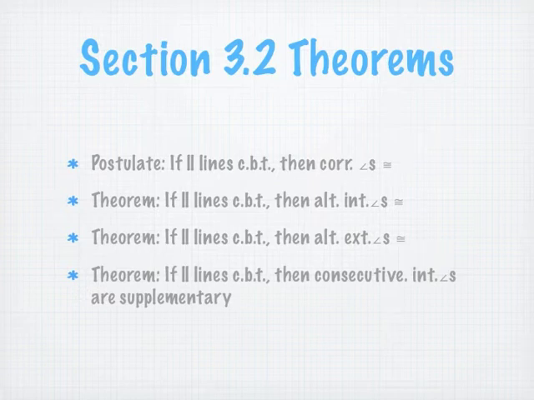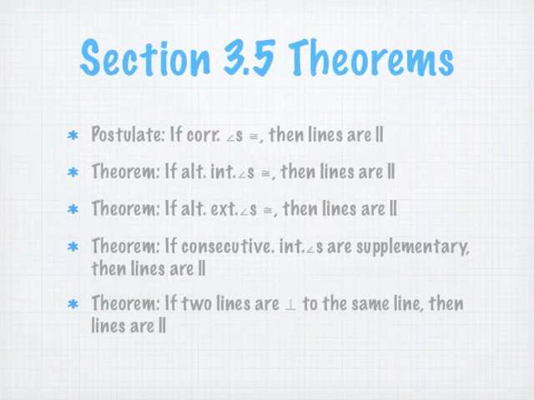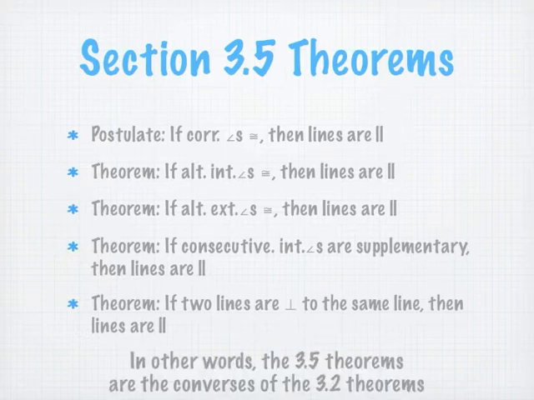So what section 3.5 does is it takes and turns those around. In other words, it's the converse of the 3.2 theorems. Now our postulate says if corresponding angles are congruent, then lines are parallel. And these theorems that we'll prove using that postulate follow the same kind of vein, right?